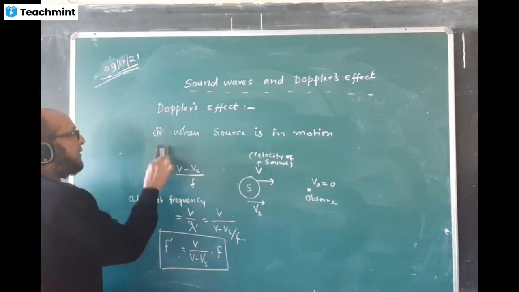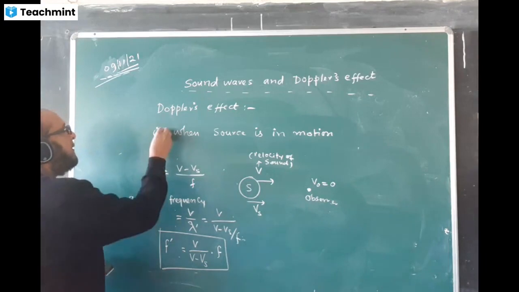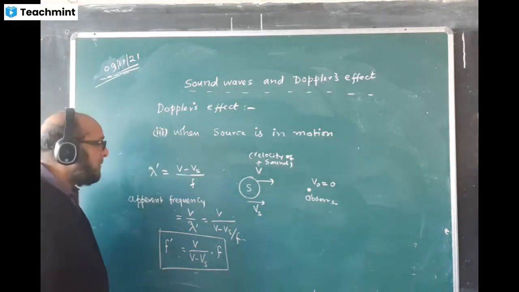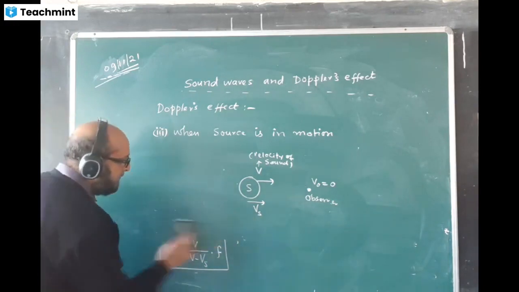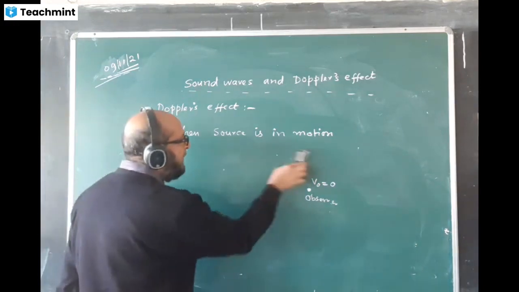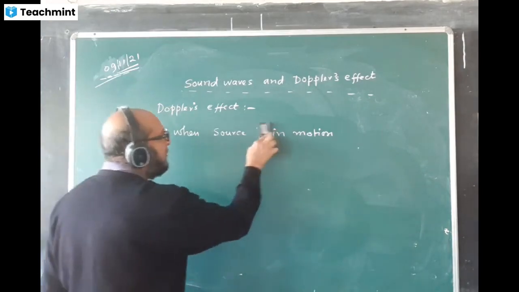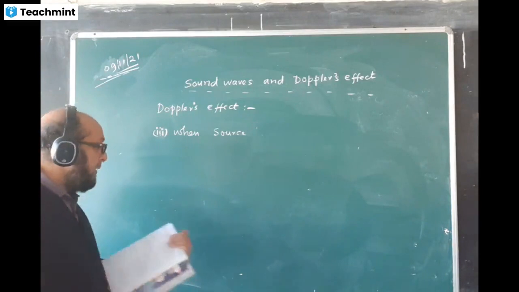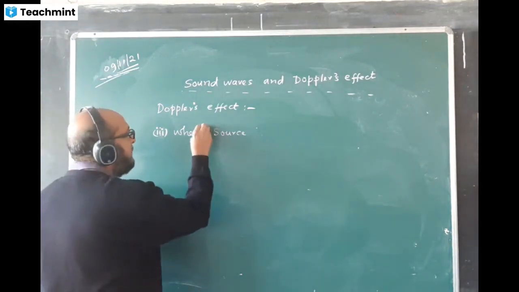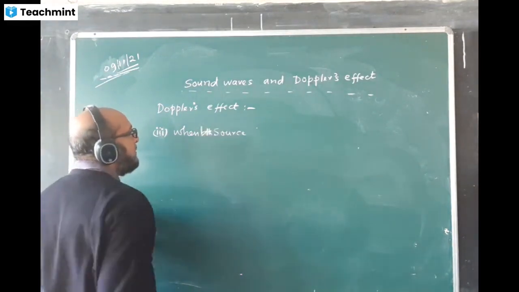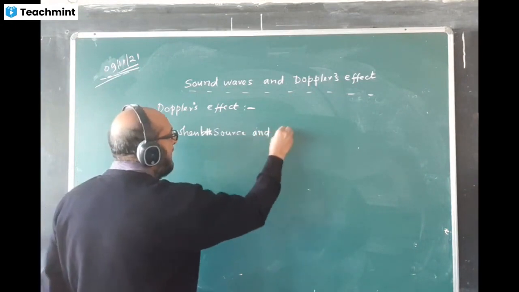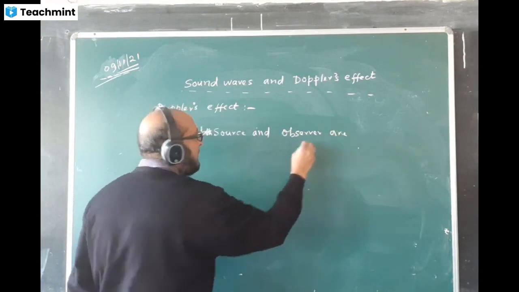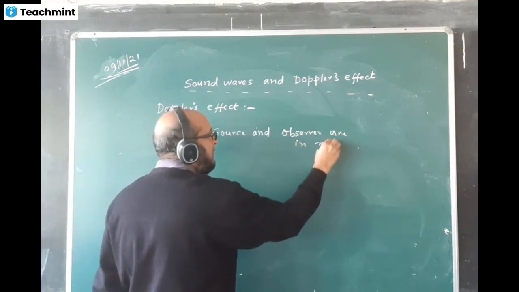Case 3 now. Third case. We are doing case 3 when both source and observer are in motion.